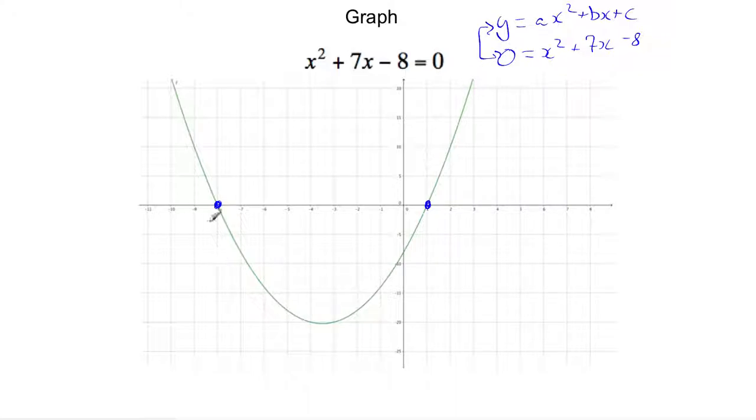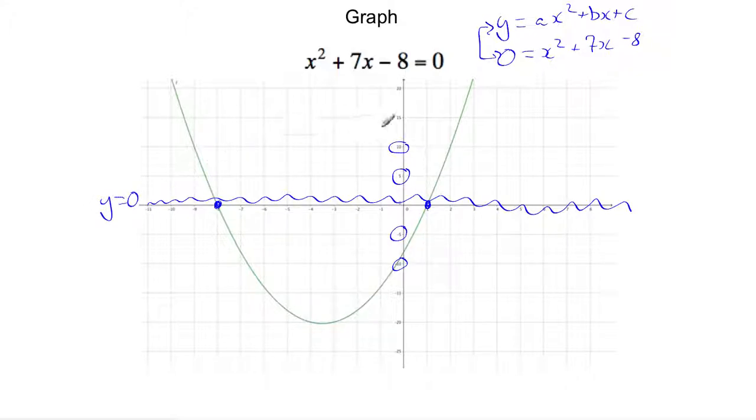On a graph, where is the y value 0? Here I can see y is 5, y is 10, y is negative 5, y is negative 10. Well, all along the x-axis, that is where y is equal to 0. So where does this parabola intersect where y is equal to 0? On the x-axis, or where it crosses the x-axis. That's always going to be the case.